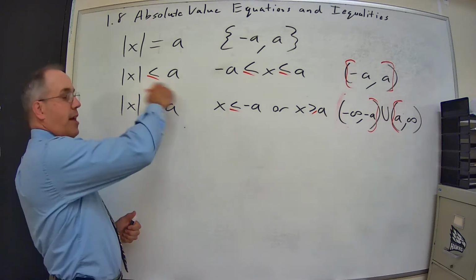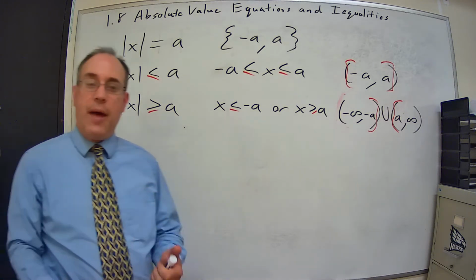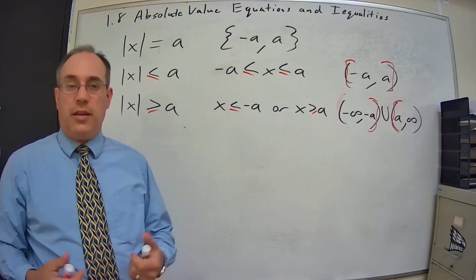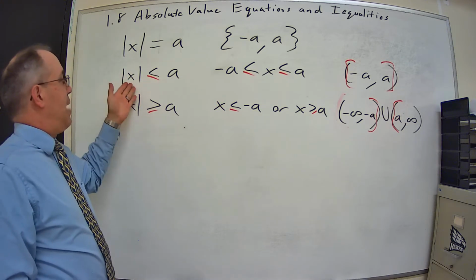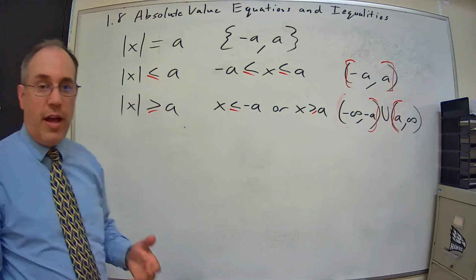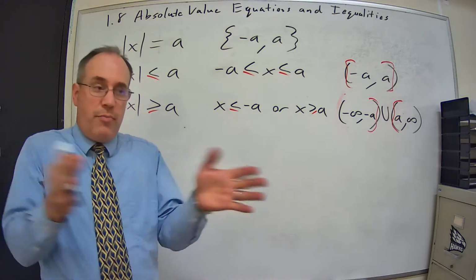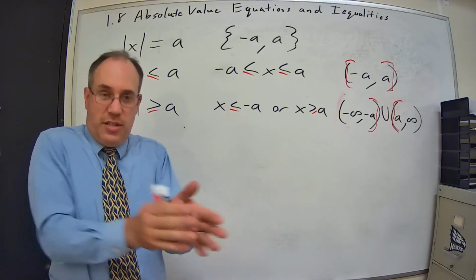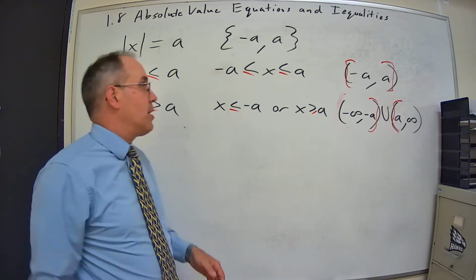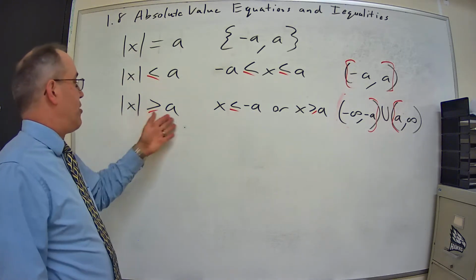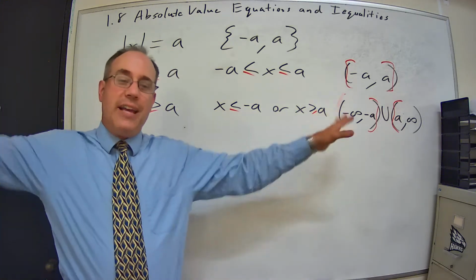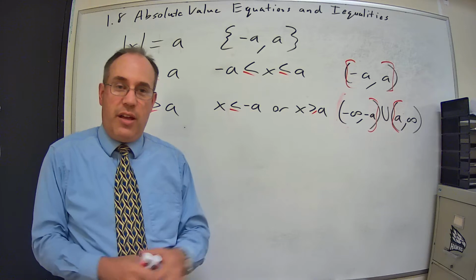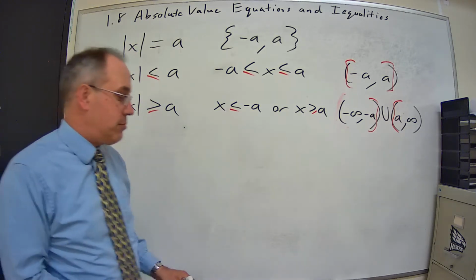So adding the red there, that shows what would happen if it was not a strict inequality. But the same idea, if we're saying that the absolute value is less than some value, then we're going to be within that amount of the origin. If it's greater than some value, then we're going to have everything outside of that area of the origin.